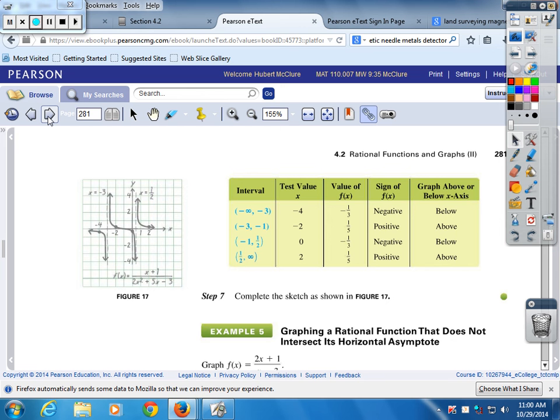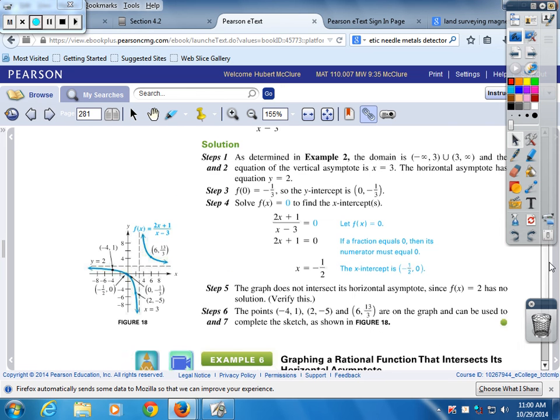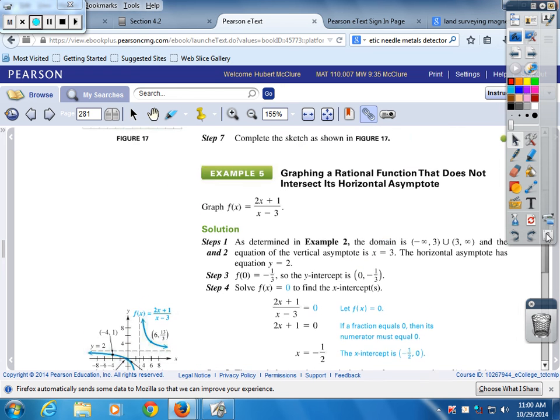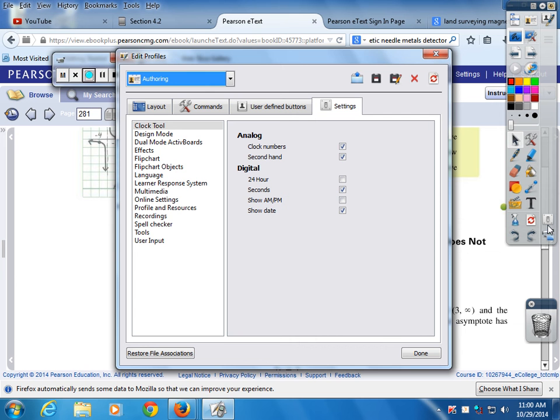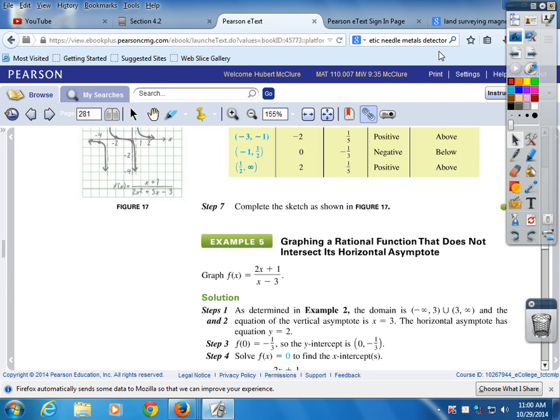I don't know what it looks like, but we'll look at it. All right, 2x plus 1 over x minus 3. So, f of x is equal to 2x plus 1 over x minus 3.